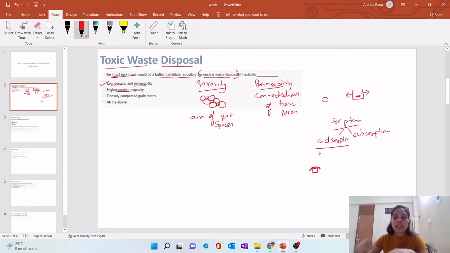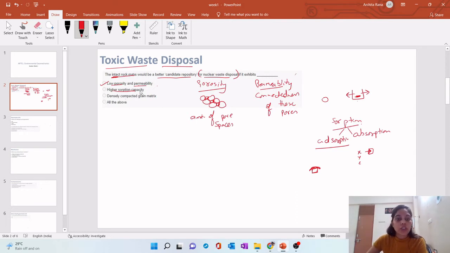That is when there is attachment on the surface. On the other hand, absorption is when there is entry. It means that a foreign substance, this waste or water or anything, would enter and incorporate itself into the matrix of this rock mass, right?